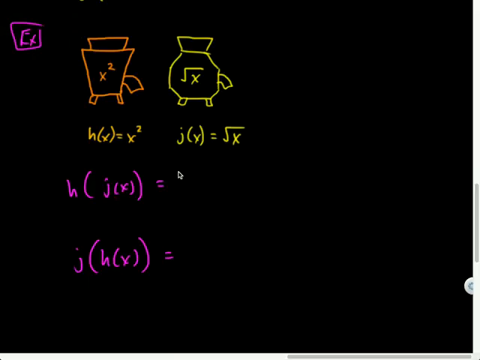Let's figure this out. So h of x is the squared machine, so whatever I plug into it gets squared. What am I plugging into it? The square root of x. Actually, oh wow, I just thought of something.